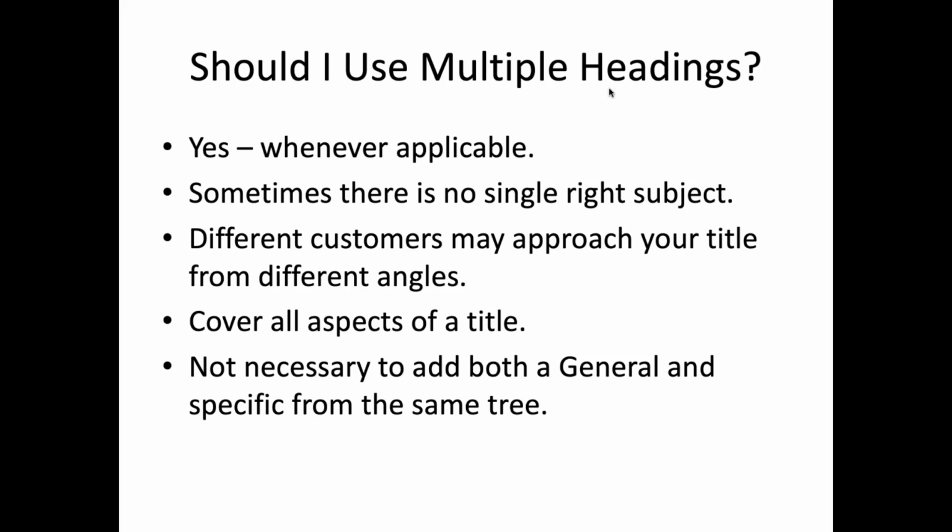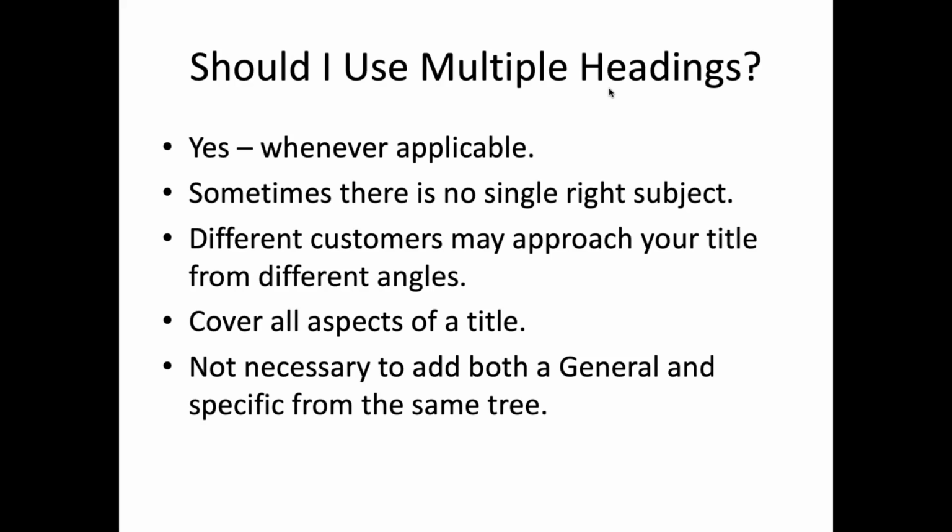Or you can give a book 2 headings from different sections. Say you have a book about Ted Bundy. You can give that true crime, murder, serial killers, and biography and autobiography, criminals and outlaws.